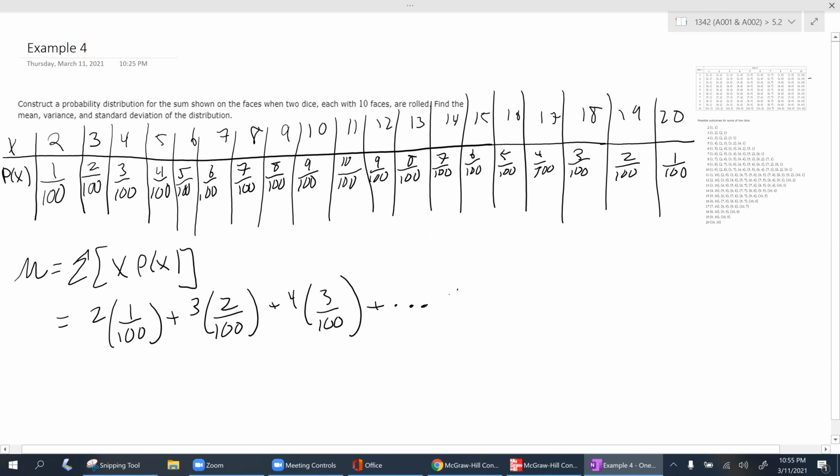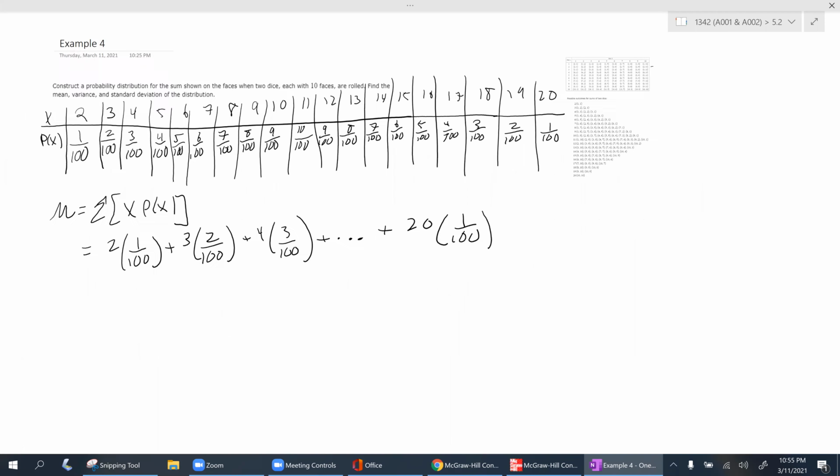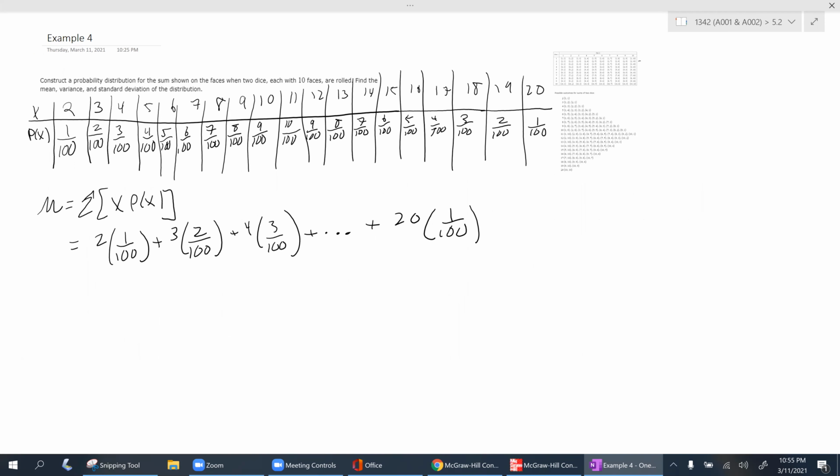I'm going to complete the whole thing and go all the way to 20 times 1 over 100. Remember, your denominators are already over 100, so all you really have to do is sum the top parts.